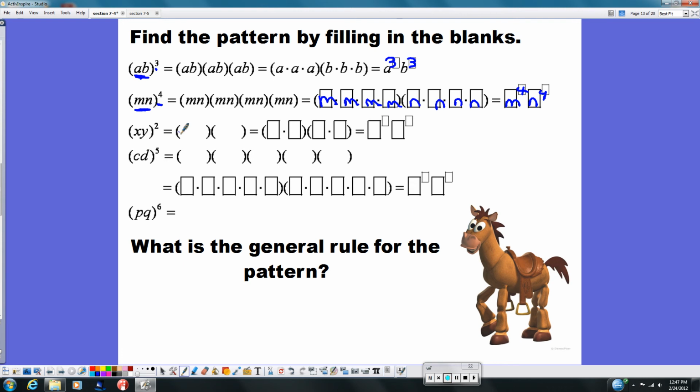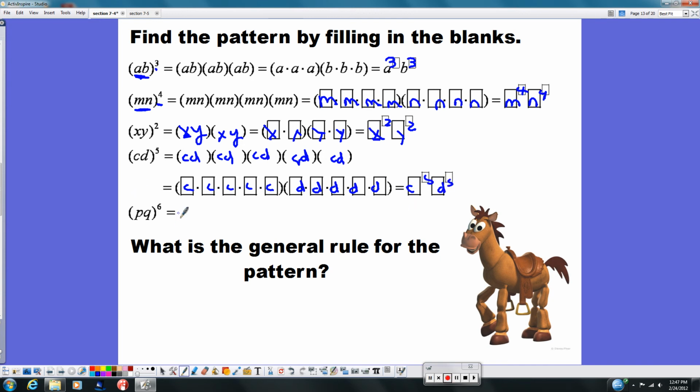Here we're going to write 2 xy's. So 2 x's, 2 y's, so x to the 2nd, y to the 2nd. Here we're going to write 5 cd's. So we're going to have 5 C's and 5 D's to give us C to the 5th, D to the 5th.